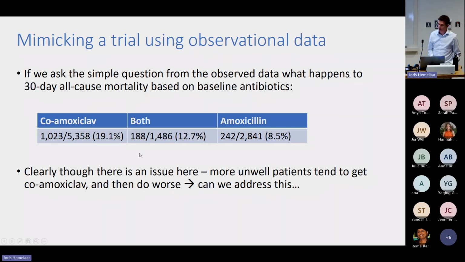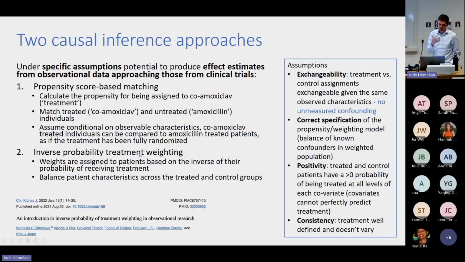Just to talk you through a different statistical approach to what we used in the first study, here we use two relatively simple causal inference-based approaches to try and understand what's going on. Under some specific assumptions, which I've listed on the slide, using either propensity score-based matching or inverse probability treatment weighting, we can produce effect estimates from observational data that may approach those from clinical trials.